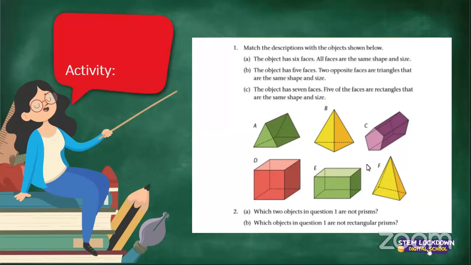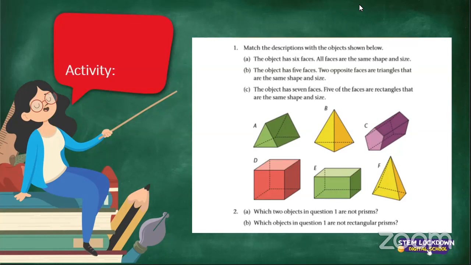I have some saying D, some saying C, some saying B, and some saying A. Now the rest are saying D on our chat box. For 1A, the correct answer is D.